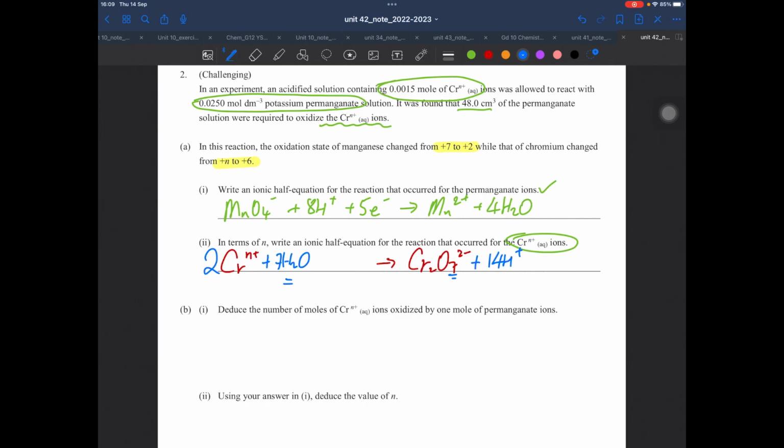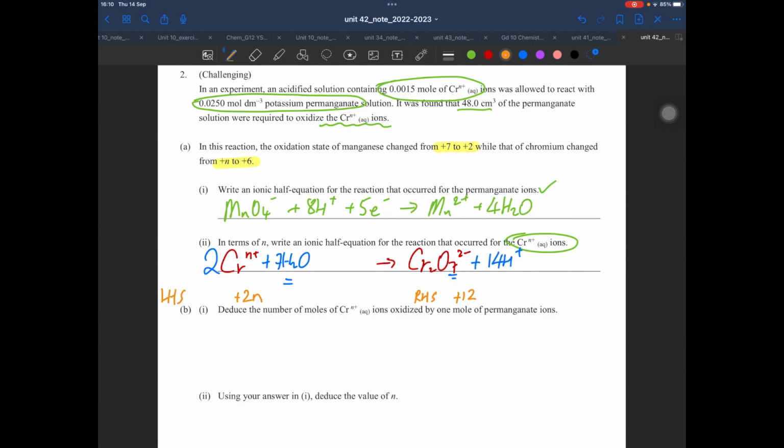Finally is the number of electrons involved. Just be careful. For the left-hand side, the total charge is +2n, but on the right-hand side, at this moment, the charge is +12.